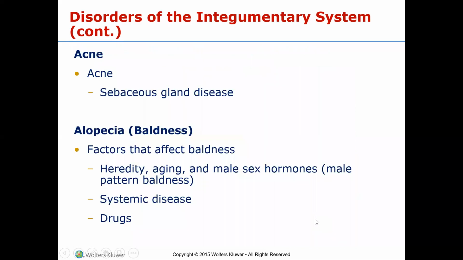Okay. Acne, we have a sebaceous gland disease, which is caused by the infection of the sebaceous glands, which are connected to the hair follicle. One of the last disorders that I'll look at is alopecia, which is baldness, and it's associated in men with heredity and increased male sex hormones.